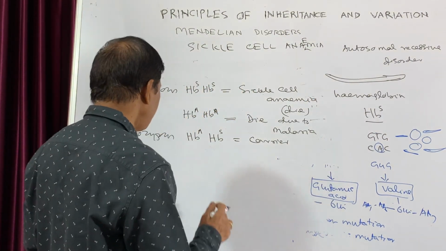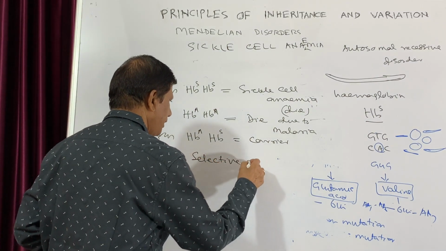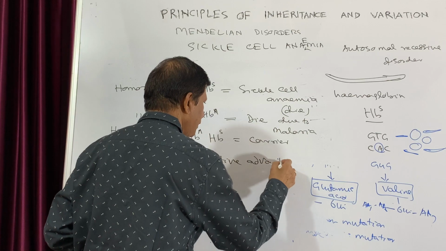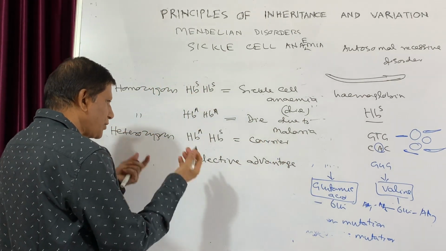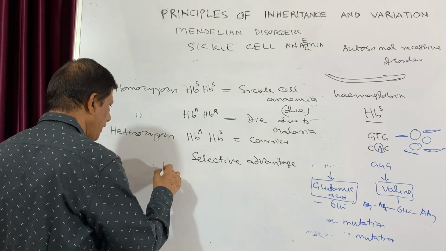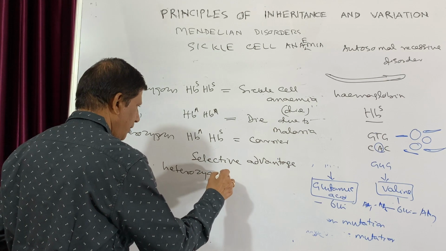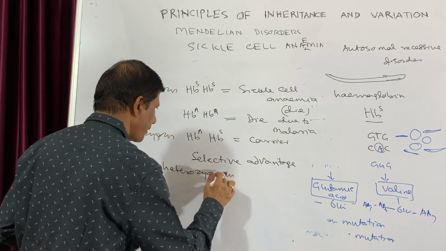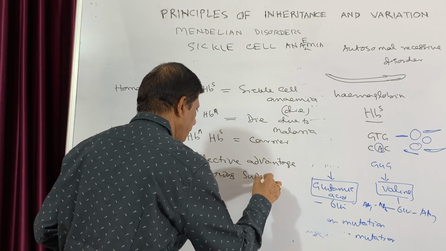So this is known as selective advantage. It is known as selective advantage, and you can also call it heterozygous superiority.